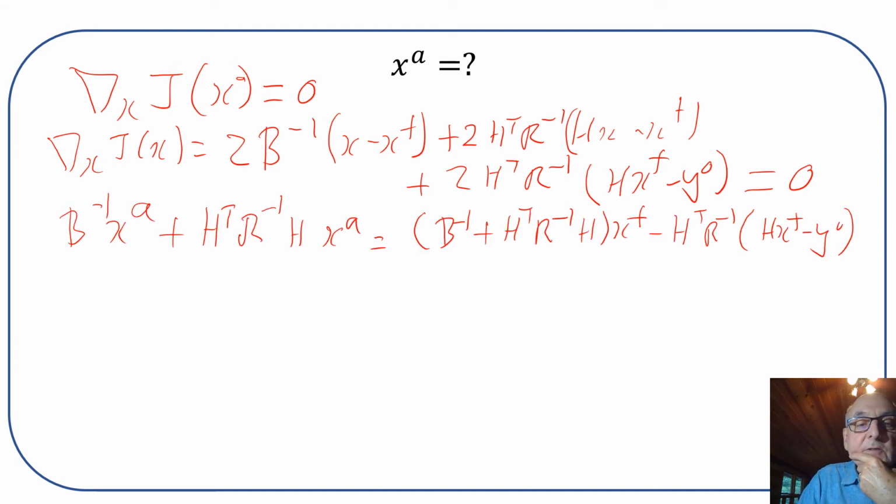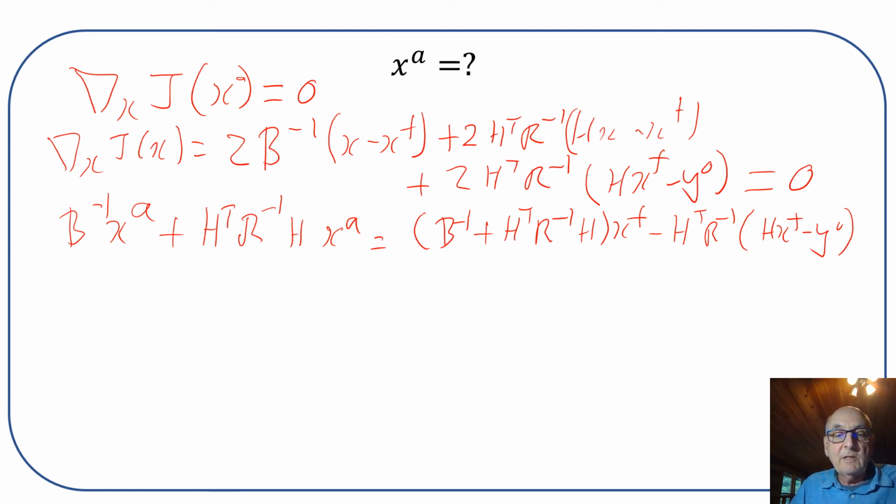Okay, so I've collected the terms in x on the left-hand side, and I've called it xa because xa is the analysis, and that's where the gradient is going to be 0. And then I've collected all of the other terms on the right-hand side, and the form is very similar to before.